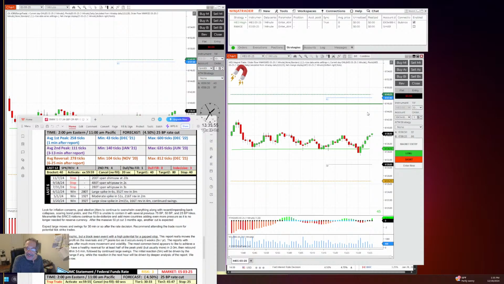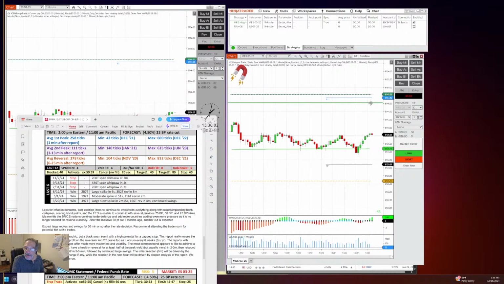If the ES gets above 46, I'll take a little magnet trade to get to 48, actually 47.50-ish. So I'll make like 6 ticks, 2 contracts, 7, 8 ticks, just to test my idea.